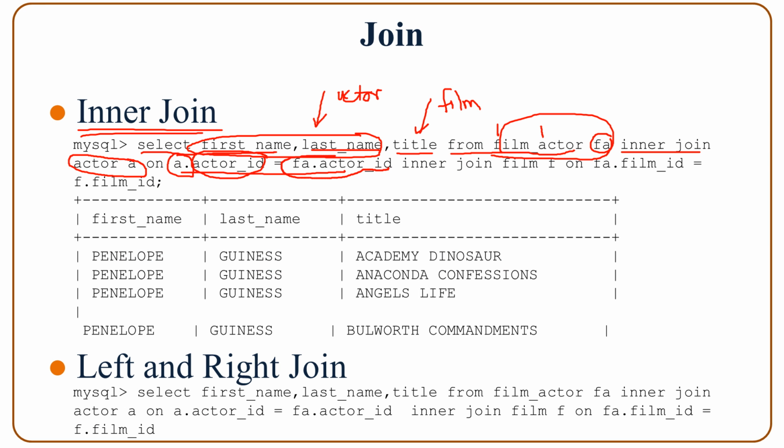We need one more table. It is film, so we need another inner join film, and also give an alias F to film. On what condition? On the condition fa.film_id equal to f.film_id.